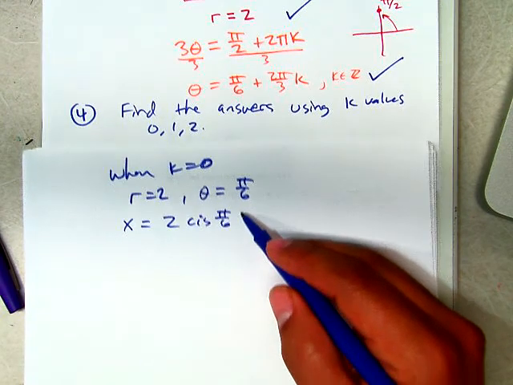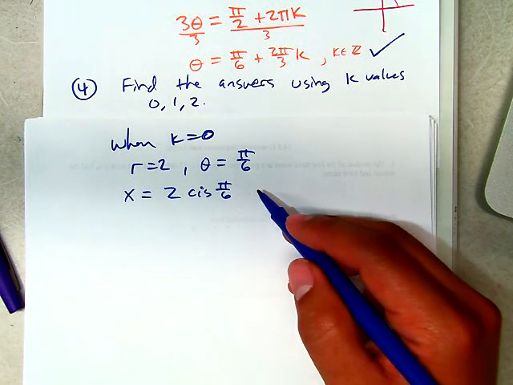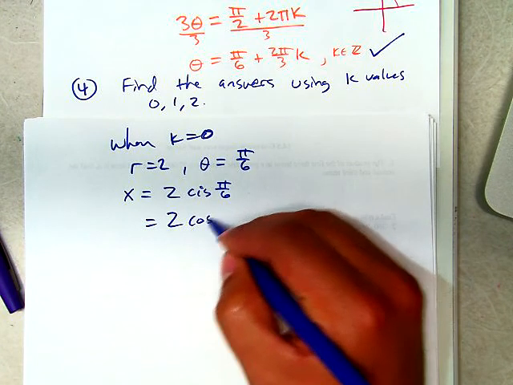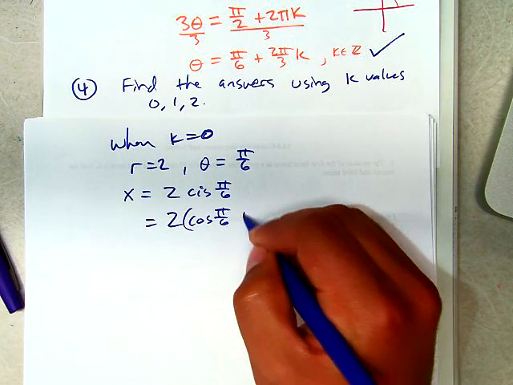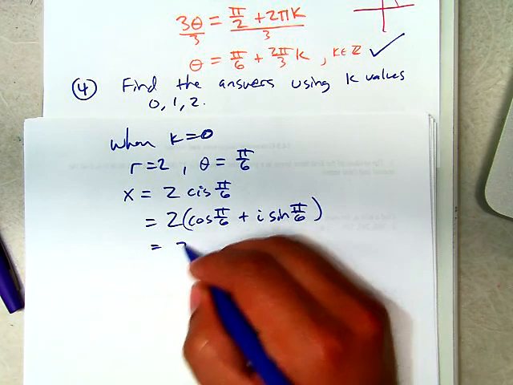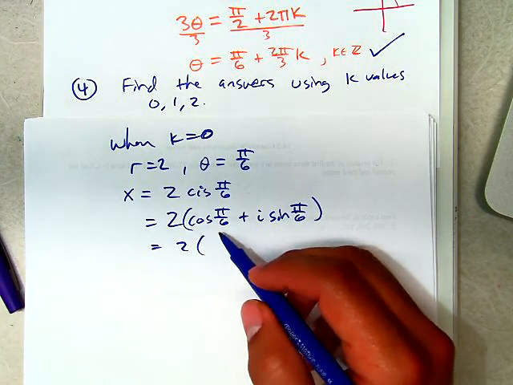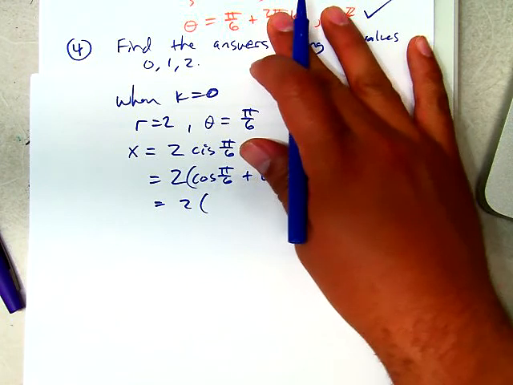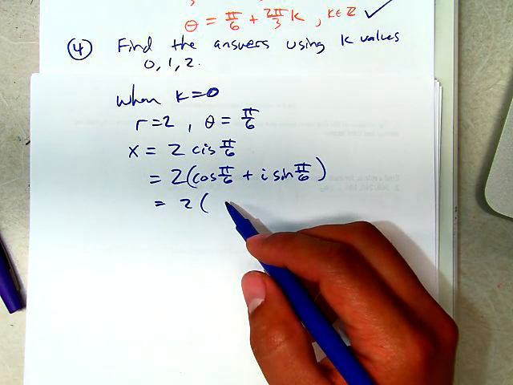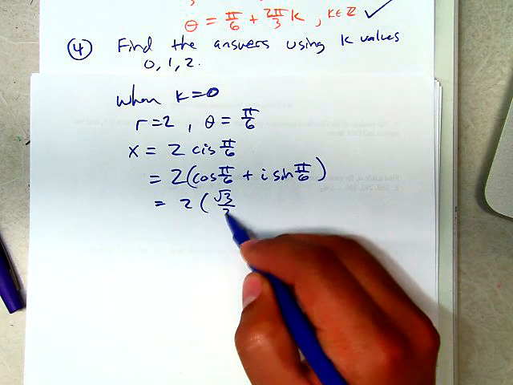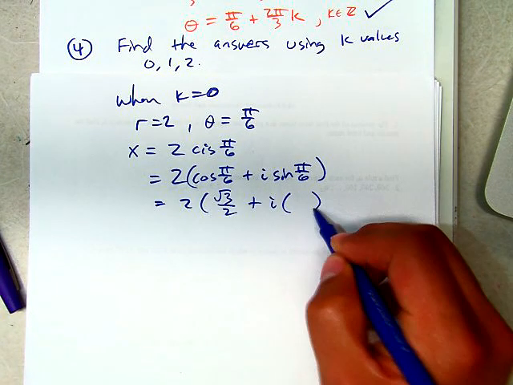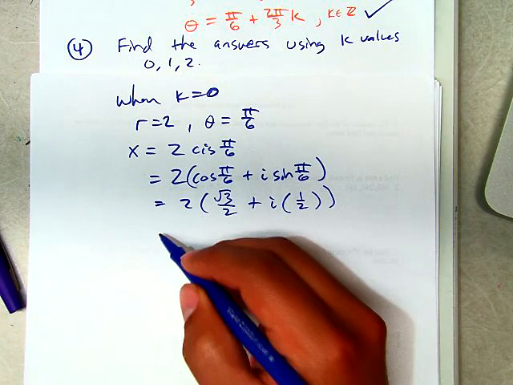And now I can just figure it out. 2 cis pi over 6 is really 2 times cosine of pi over 6 plus i times sine of pi over 6. Cosine of pi over 6 is root 3 over 2. Sine of pi over 6, 1/2.